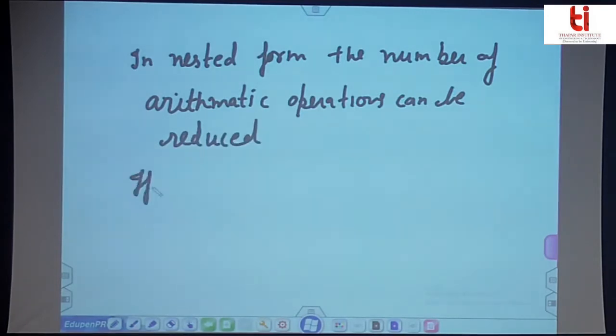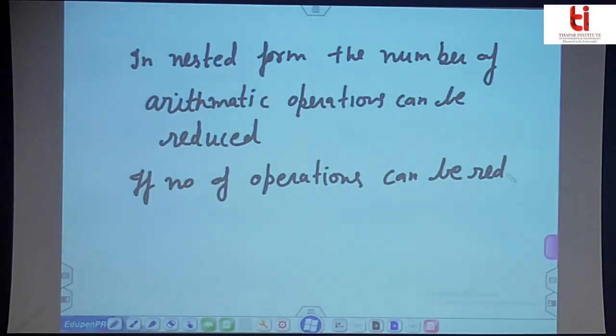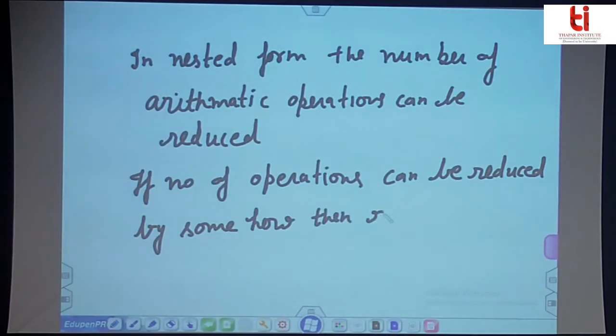If the number of operations can be reduced somehow, then round-off error can be reduced by itself.